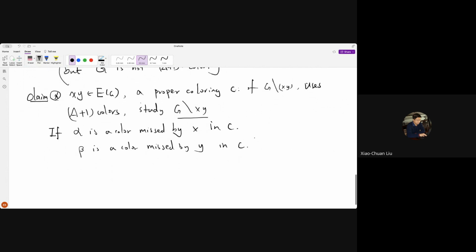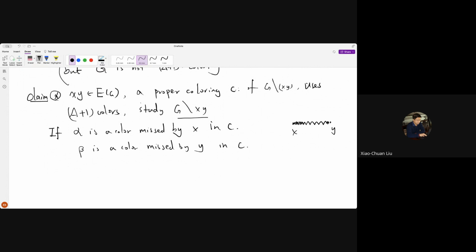So okay, let's look at what this is. Here, for example, I have X and this is Y. This edge has been taken out.